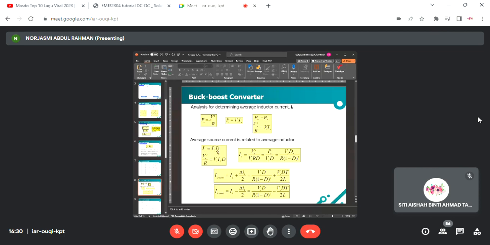Okay, and from this equation, V out squared over R equals VS IS, we can say that V out squared over R equals VS IL D, because IL equals IS. And from there, we can find the average inductor current value, and it's given by the source voltage times D divided by R times 1 minus D squared.